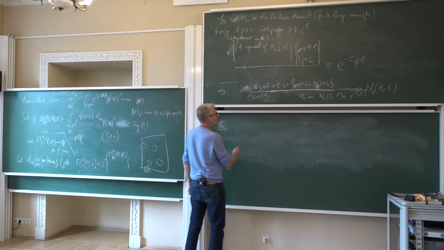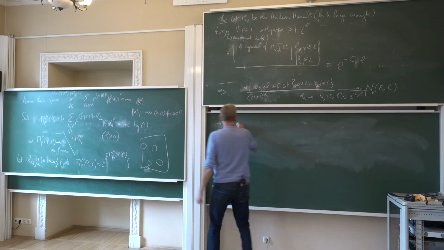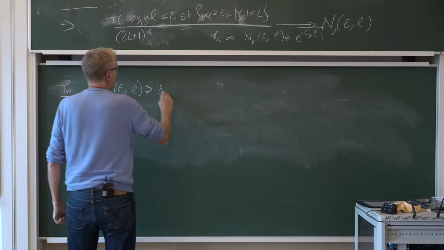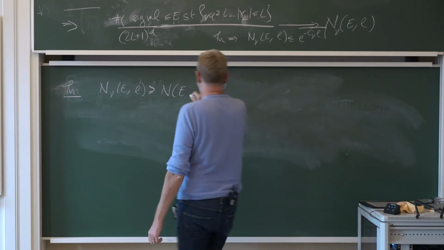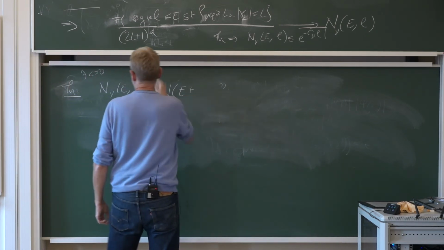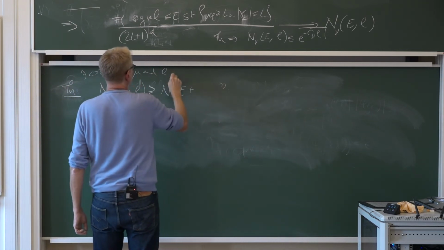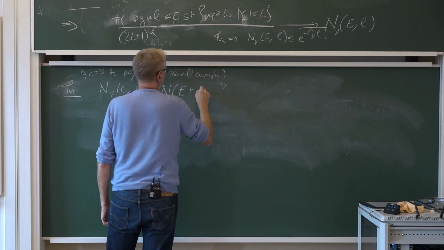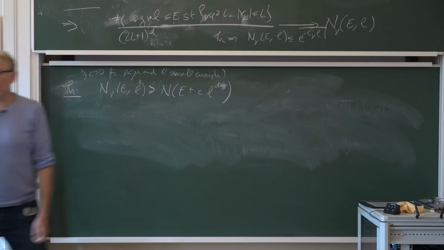But now what you can prove is the following, a lower bound: n nu of E and L is larger than the true density of states at the energy E plus some constant, so there exists a positive constant, such that for nu less than mu and L small enough, L to the minus d minus 1.